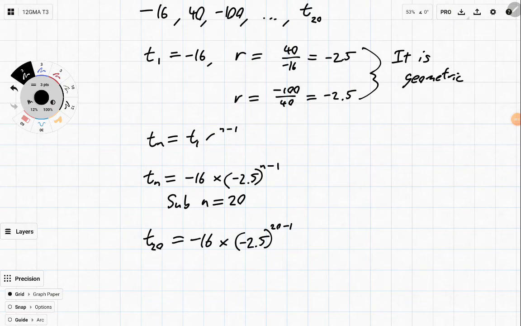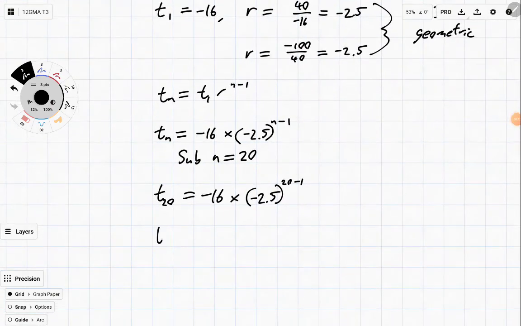And in this case, we get quite a large number. T20 is equal to positive 582,076,609 point, and then a bunch of decimal places, and I'm just going to round to 13. And that is the 20th term of that sequence.